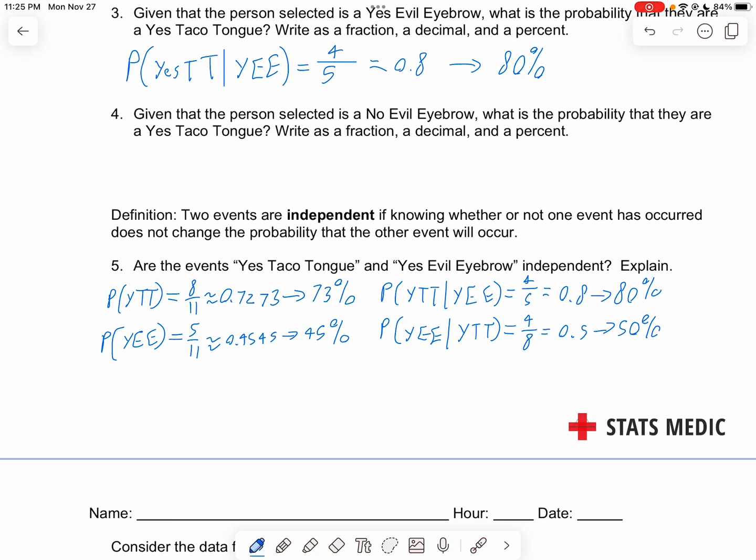Okay? Since the conditions affect the probability, the events are not independent.